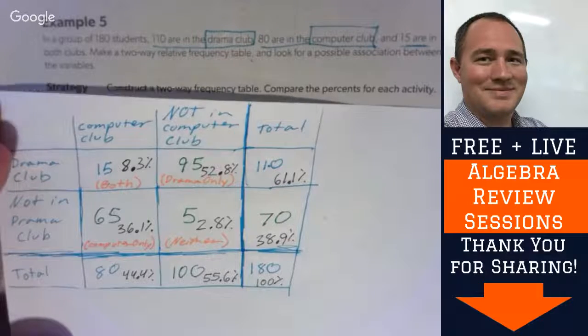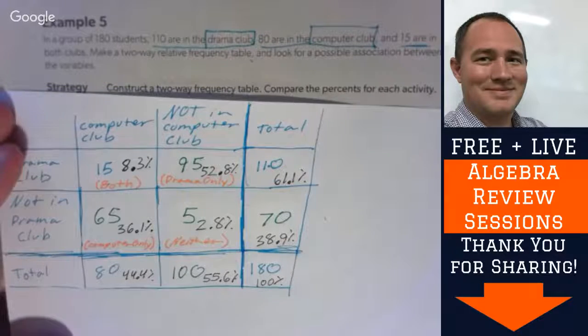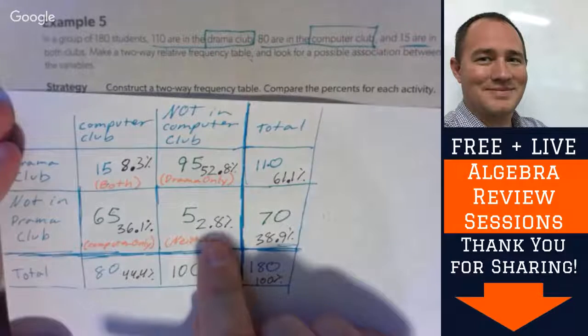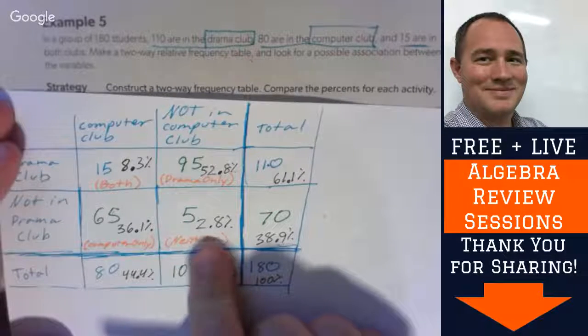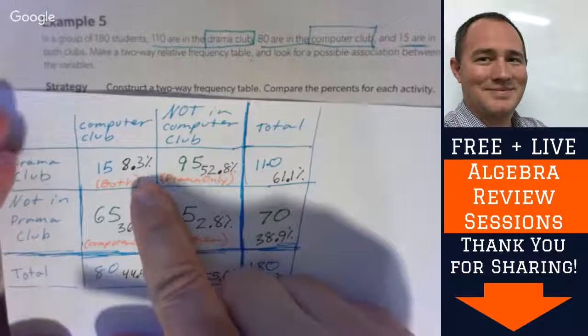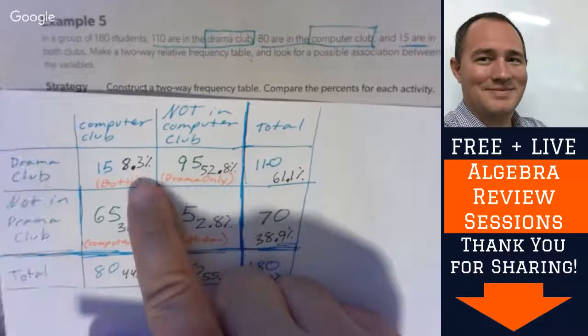So what can we start to figure out about this? It looks like most students are in at least one club. The next smallest group are students that have a very full schedule that are in both clubs.